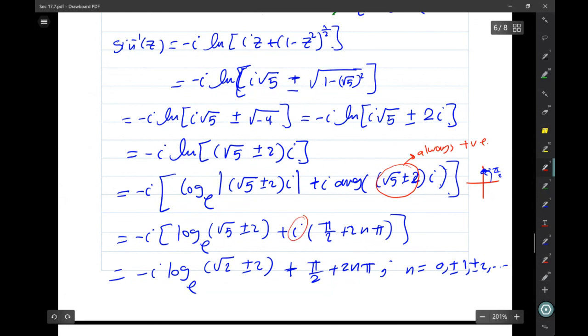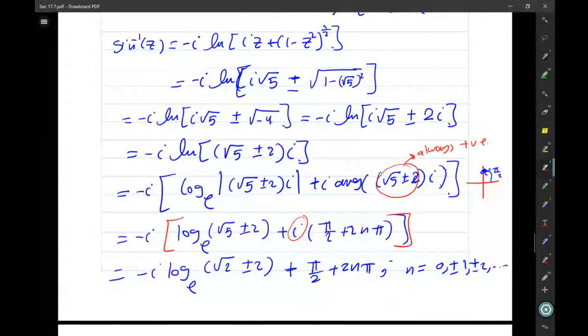This one here? Yes. i times i squared, which is minus 1, times negative here becomes positive 1. Oh, okay. And now because we have the big brackets here, we have i multiplied outside. Okay.